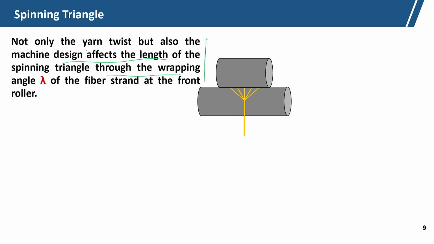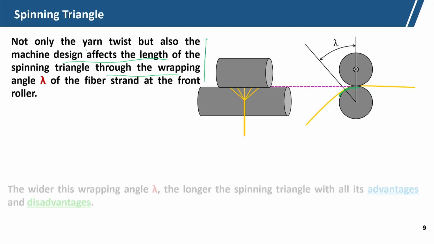So, the wrapping angle lambda of the fiber strand at the front roller. Now, we can see here this is the wrapping angle. By changing the machine design, we can change the wrapping angle.